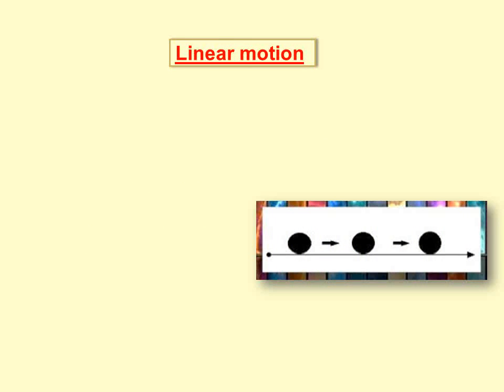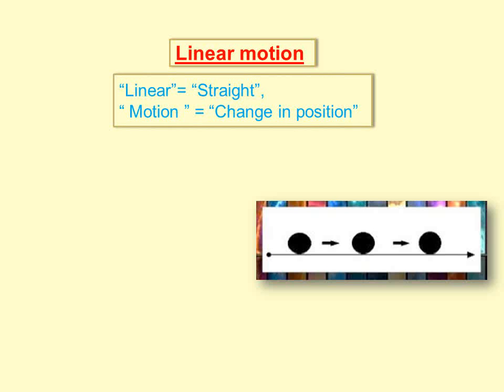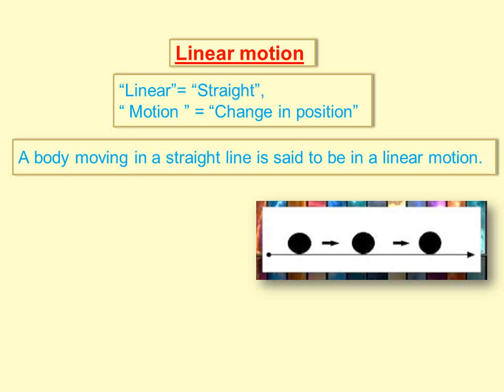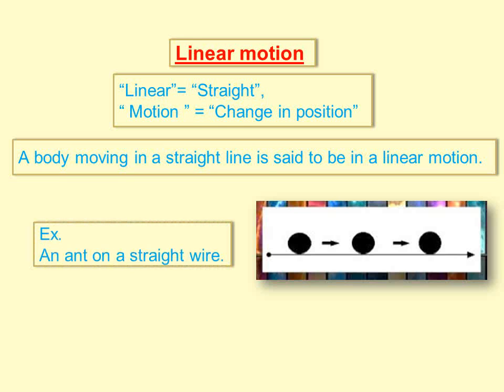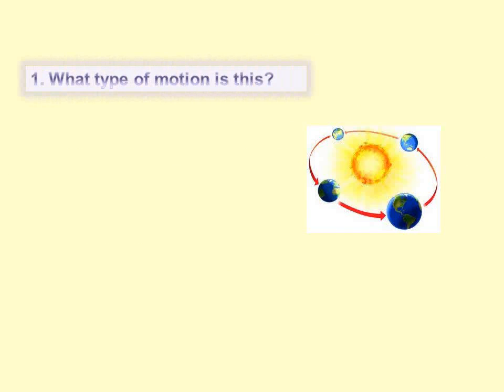When the ball moves from the first point to the last one, it moves in a straight or linear line. It makes a change in position, or makes a motion. A body moving in a straight line is said to be in linear motion, like an ant on a wire.